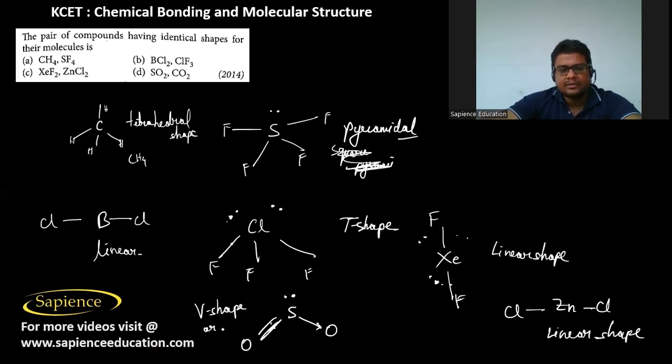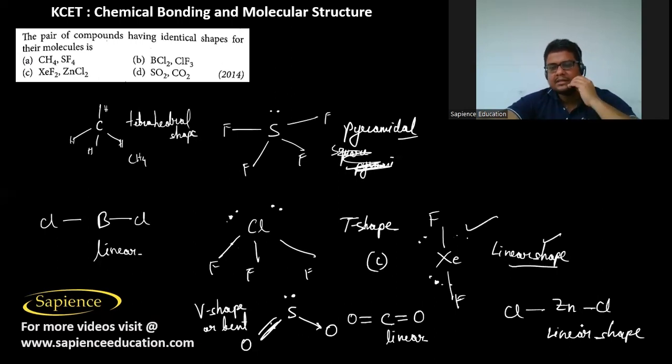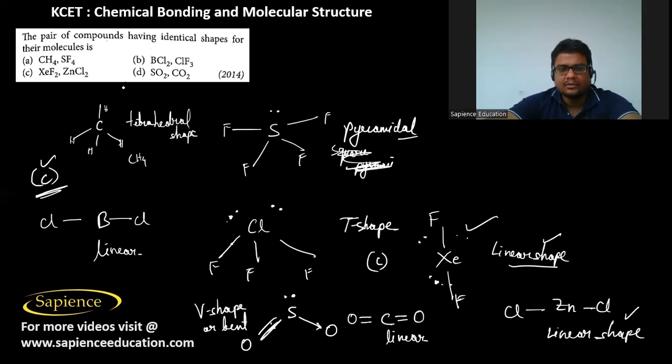V shape or bent shape is formed in case of SO2, and in case of CO2, we know that a linear shape is formed. So in case of option C only, XeF2 also has got linear shape, and zinc chloride also has got the same linear shape. So option C is the correct answer, since it has been asked that the pair of compounds having identical shapes for their molecules, which is happening only in case of option C.